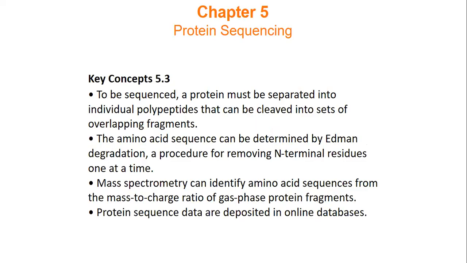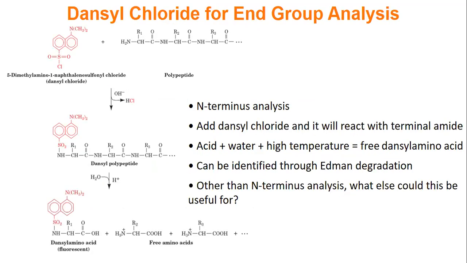All right, so in this section we're going to look at how to sequence a protein. That is, what is the amino acid sequence of a protein? And we're going to start with what's called the dansyl chloride method. What dansyl chloride is, it's N group analysis.